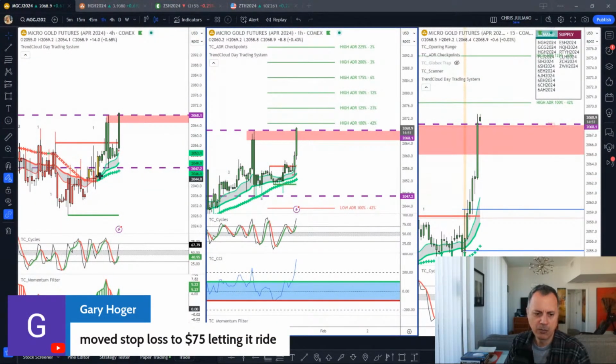There you go. Gary got risk-free, stop loss $75. So if this thing reverses, you've got $75. If it keeps going, then you just keep moving that stop loss, right? Follow it every 2 candles on that 5-minute chart.